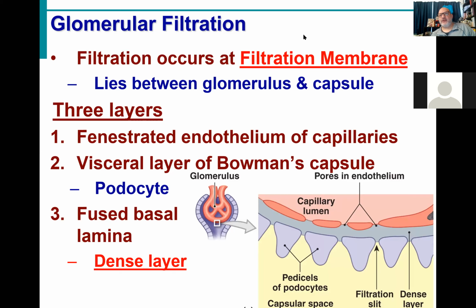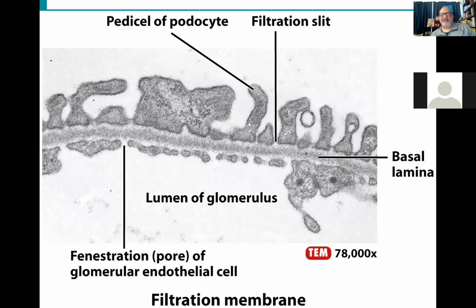Here's an illustration like we saw in the textbook, but here is this great electron microscopy view where we can see this. Notice here we have our simple squamous epithelium with those fenestrations. Here we see the foot-like processes of the podocytes. Here we see their basement membranes holding them together. And we can see that basically something would have to sneak through one of these fenestrations, through these filtration slits, to be able to get out.